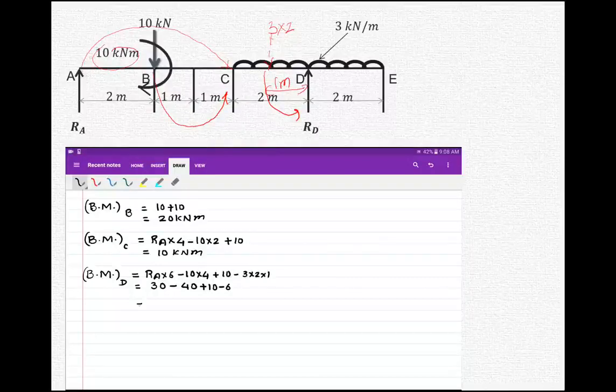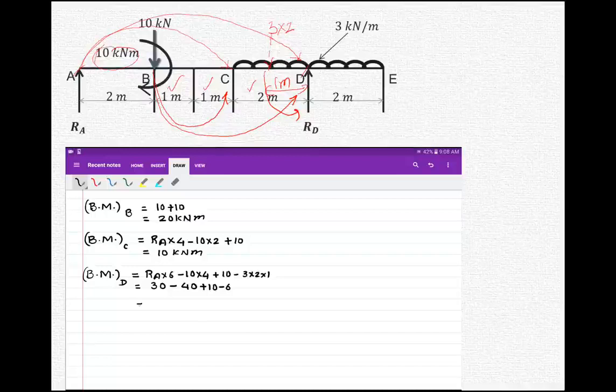So RA will produce clockwise moment about this D. From A up to D the perpendicular distance is 6. This 10 kilonewton will produce anti-clockwise moment, so that is negative. So 10 into 4.